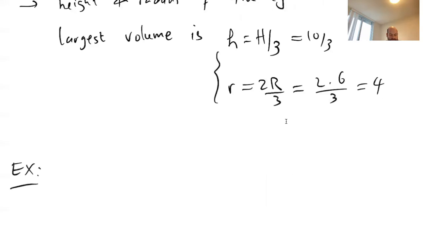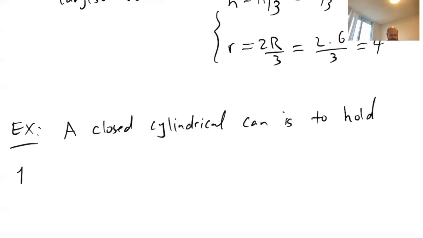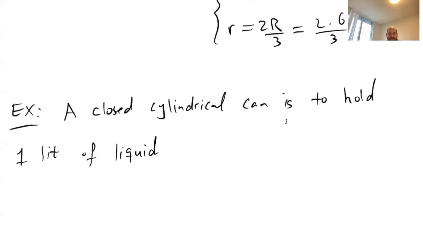A closed cylindrical can is to hold 1 liter of liquid. How should we choose the height? So 1 liter, by the way, you know that it means 1000 centimeters cubed of liquid.